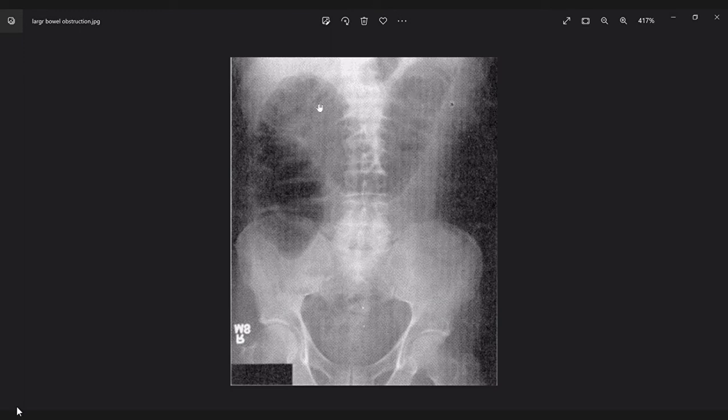So what would we have expected to see? Okay, so you have an obstruction at the level of the splenic flexure. So you have back pressure. So where would this pressure back up to? Are you seeing any small intestines here? So where's the pressure backed up to?